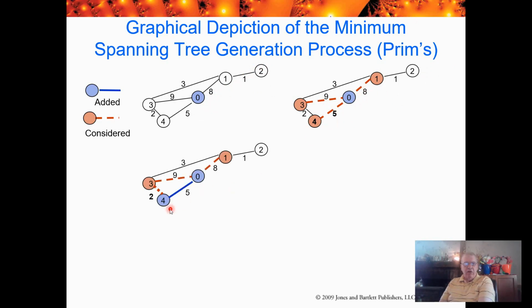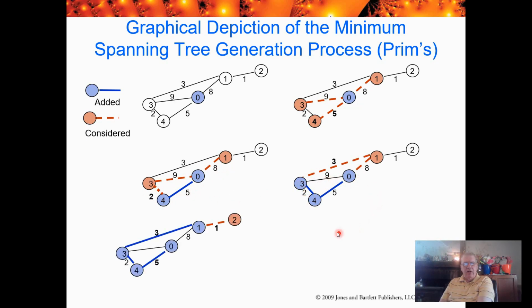So here's 0 and 4, plus the edge between them, weight 5, now in the minimum spanning tree. Then we consider all the other edges, 2, 9, and 8 in this example. And of course 2 is the minimum, so that's the one we include. And now we can reach 3 via 4. So we don't want to include edge 9.